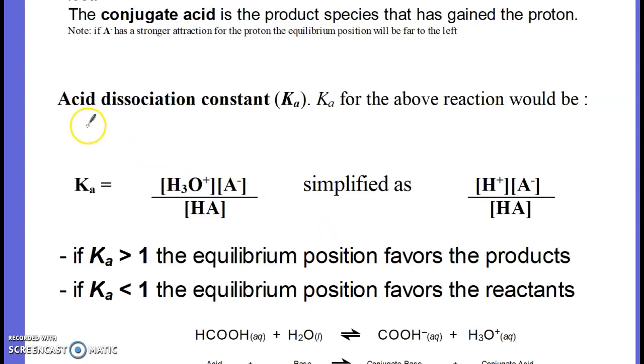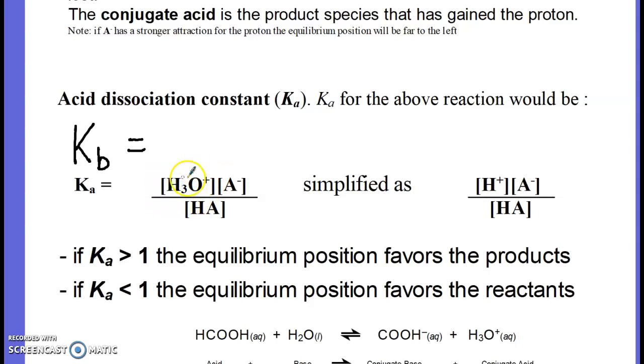So I'm just going to introduce this. You can also have the Kb. This is the acid dissociation constant. This would be the base dissociation constant. Since we're talking about acids and bases, here's the equation. Remember, these brackets mean concentration.